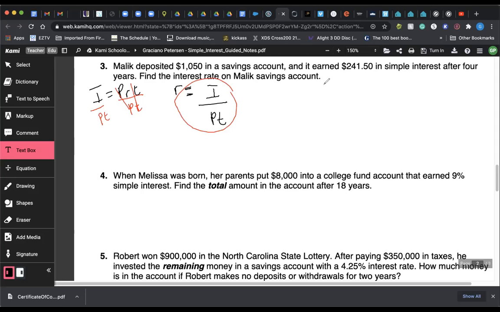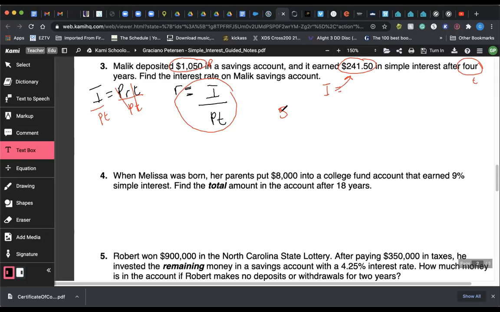Our interest is here, right? This is our I. Our principal is here, right? And our time is 4 years. So we're gonna put all those numbers in.